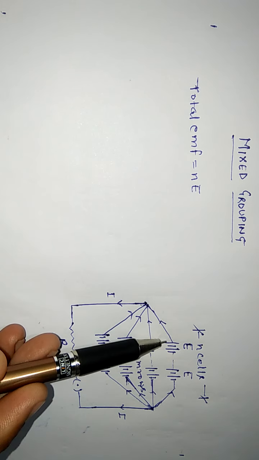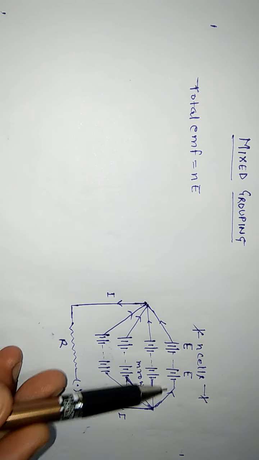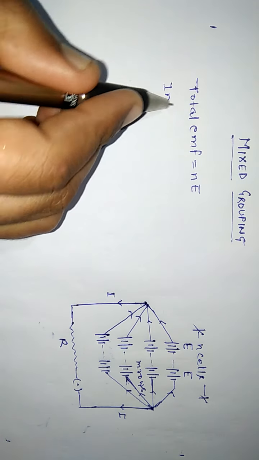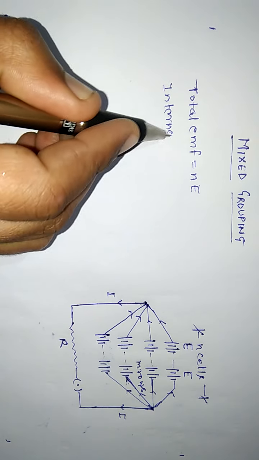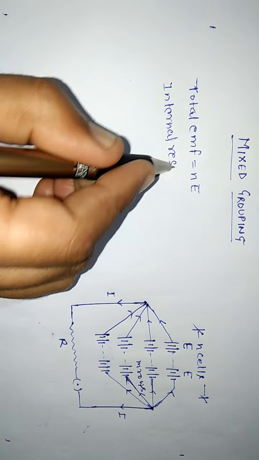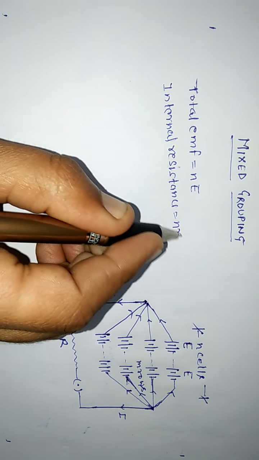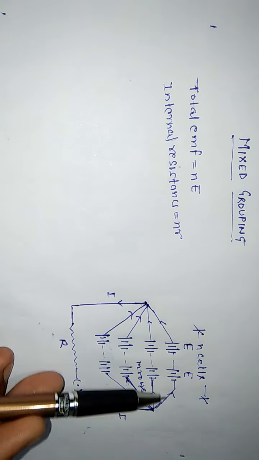Similarly, the total internal resistance of a series will be equal to nr for this series.